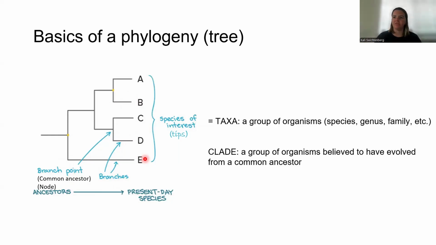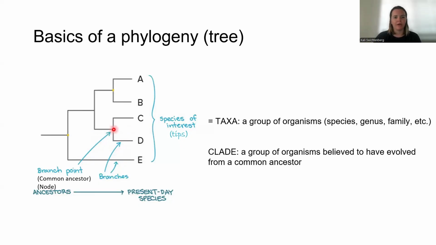And vice versa, the further we are from our tips, the more backwards in time we are moving. Connecting our branches are what are known as branch points or nodes. Node is what we use more commonly.